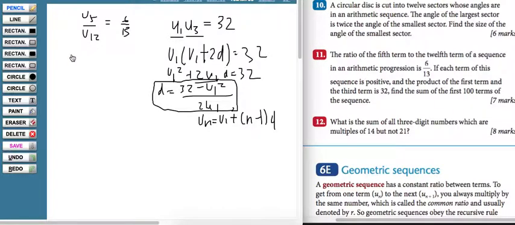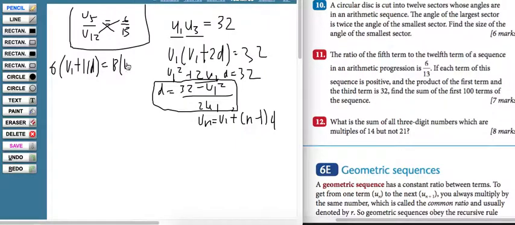So let's see if we can express this ratio in terms of u1 and d. We know that u3 equals u1 plus 2d. So we can say u5 equals u1 plus 4d, and u12 equals u1 plus 11d. So let's first cross multiply this. So we have 6 times (u1 plus 11d) equals 13 times (u1 plus 4d). Now let's sub this into this.